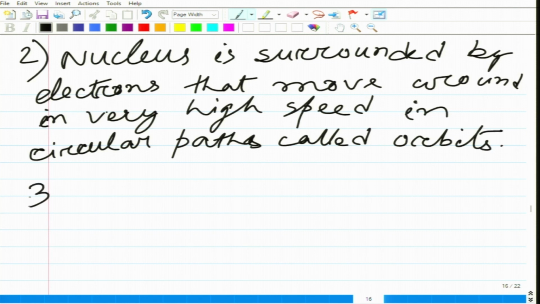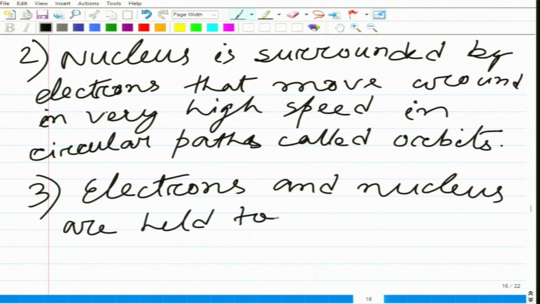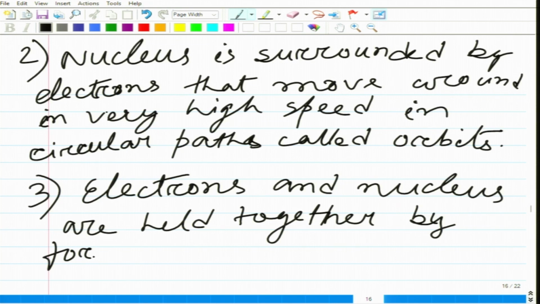Let's discuss the third point. The third point was that electrons and nucleus are held together by the electrostatic force of attraction.